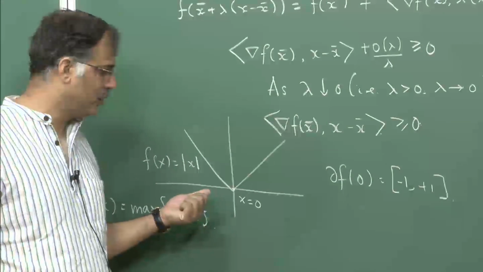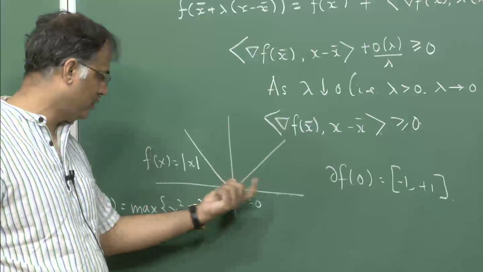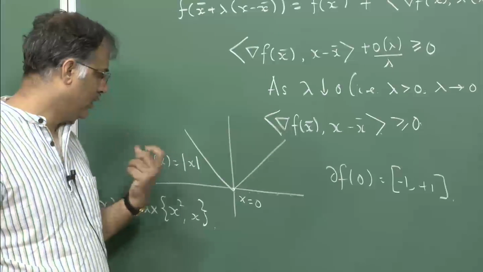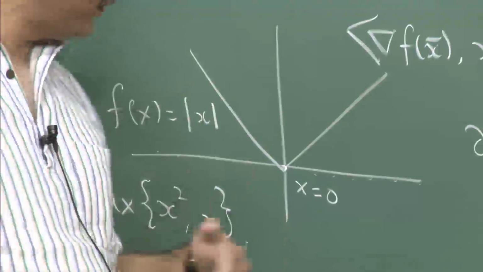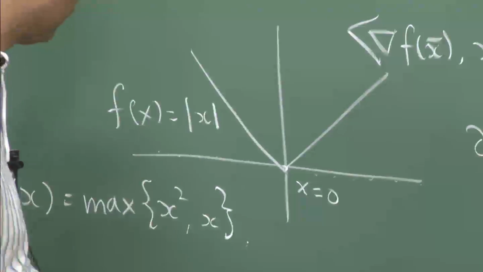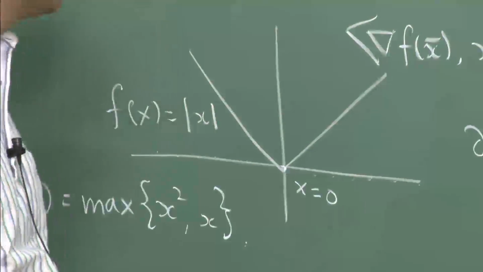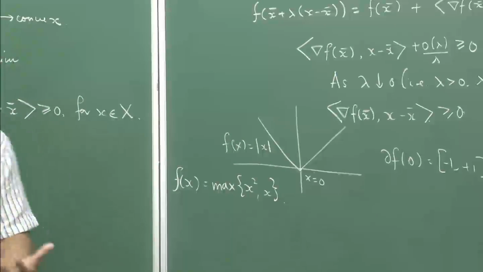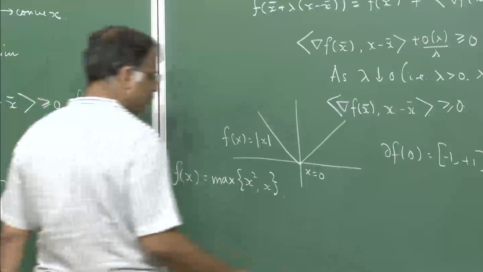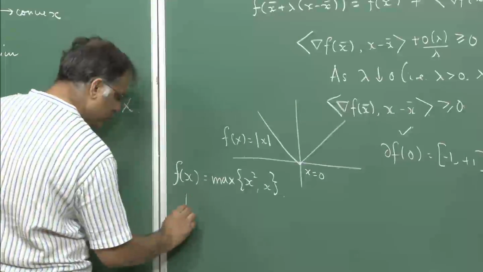Here it is plus 1 on this sequence. If you take the limit of grad f(x_k), it will be minus 1 for this sequence and plus 1 for this sequence. Now, I have to take the convex hull of that, and if I take the convex hull, I will get exactly this one. So, okay, let me leave this as a homework for you.